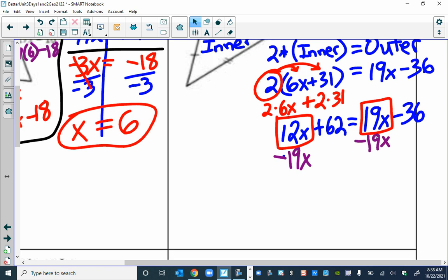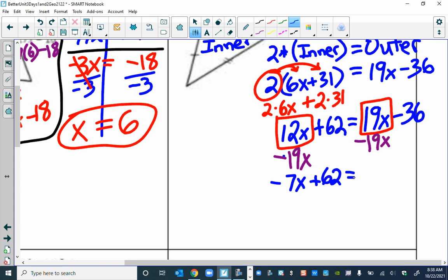All right, so yeah, you can do minus 19x on both sides because what's 12x minus 19x? What's 12 minus 19? You have calculators, you can check it out. Negative 7x. Bring down a plus 62 for now. And again, notice, just want to make sure, line up your variable terms.